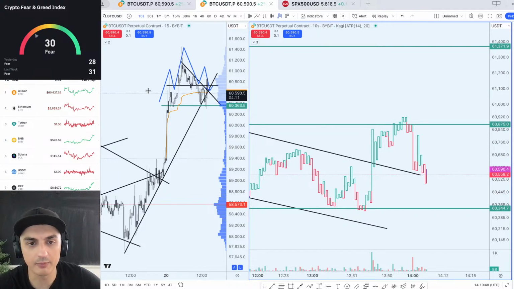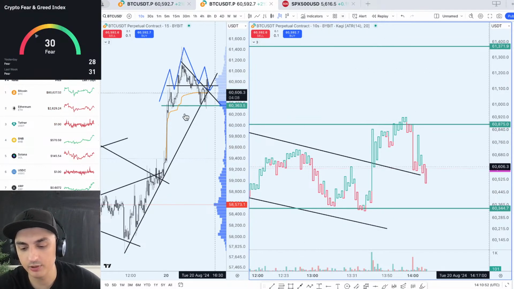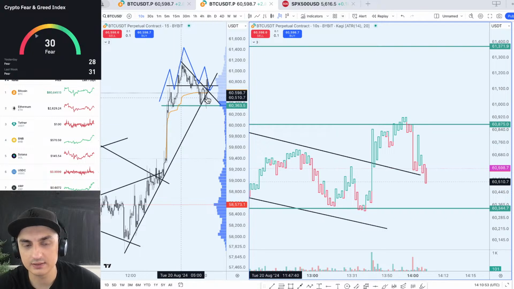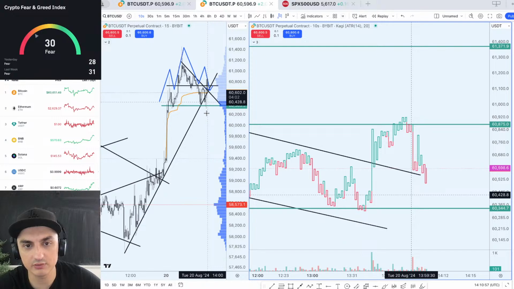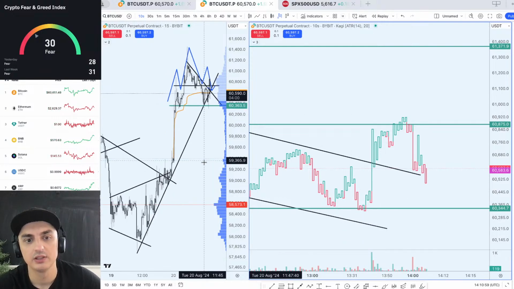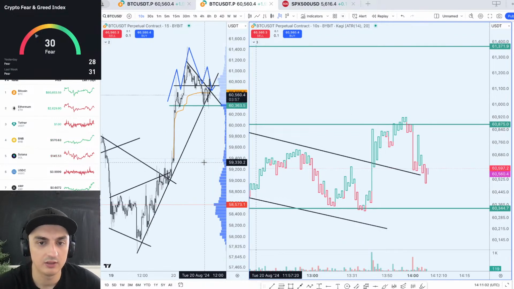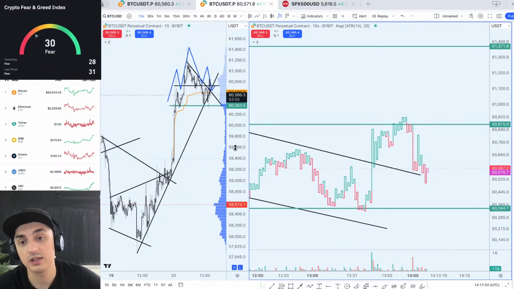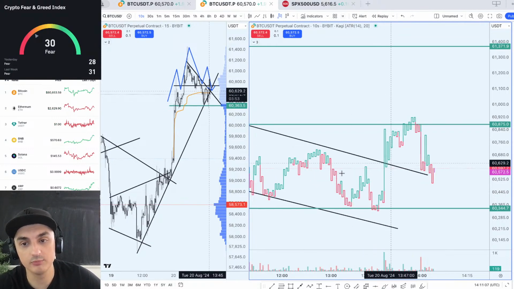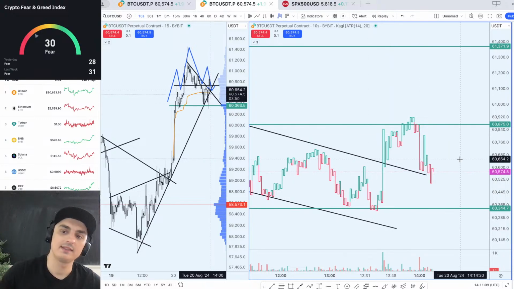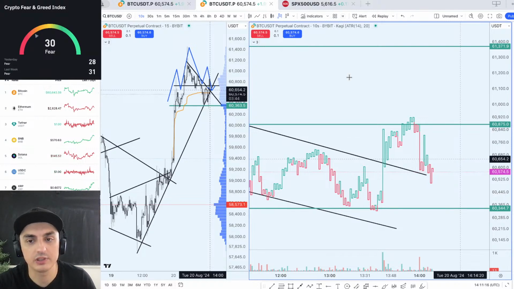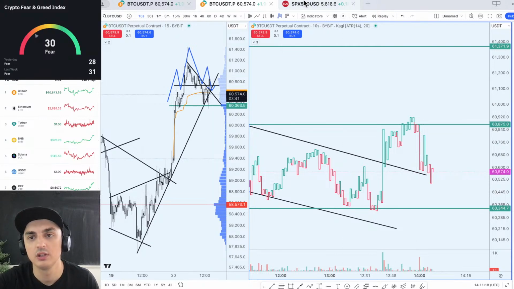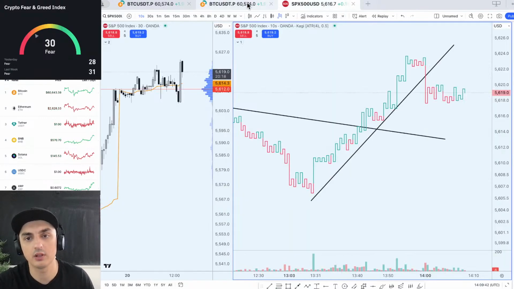I'm still looking at this kind of shape, and there is a lot of chance to go to 59,500. But right now we are still messing around this 63,000 to 69,000 area. It's kind of frustrating to me. I don't really like this price action. So let's see.